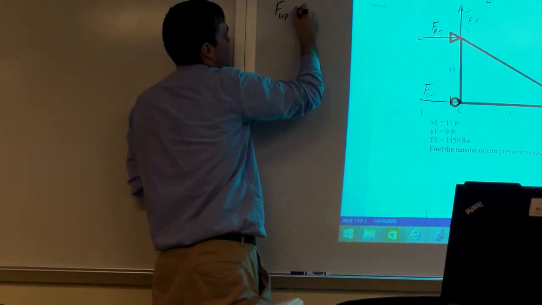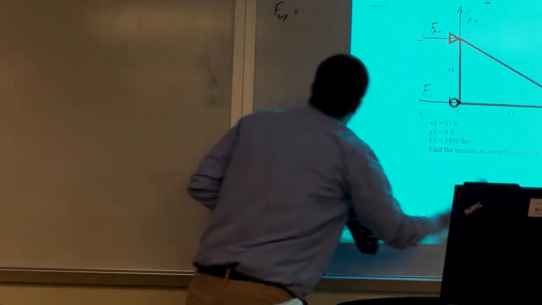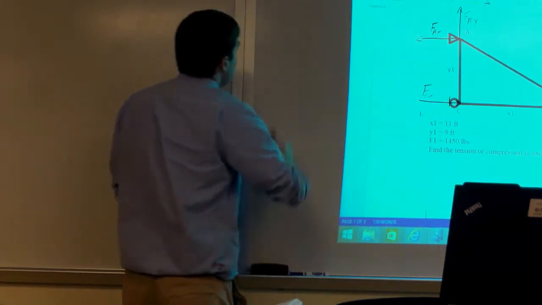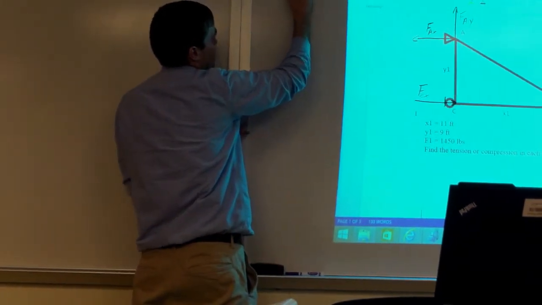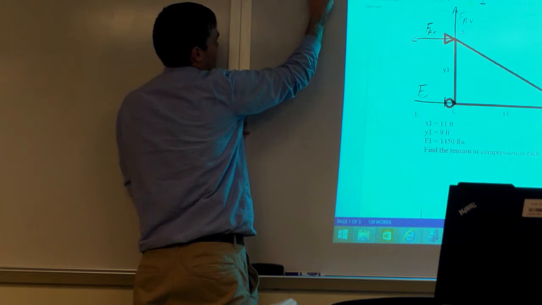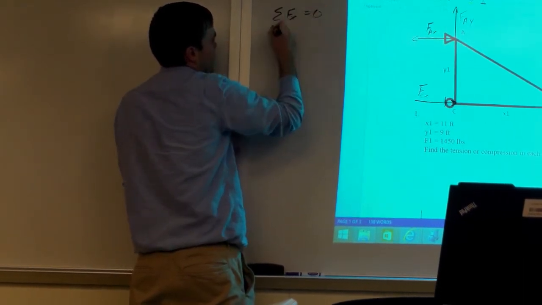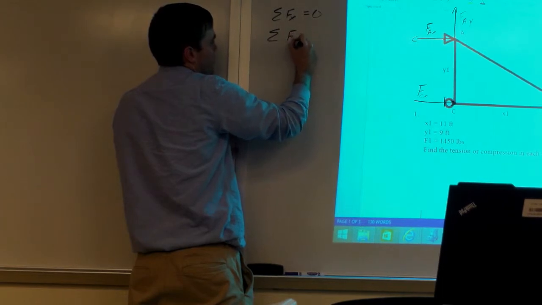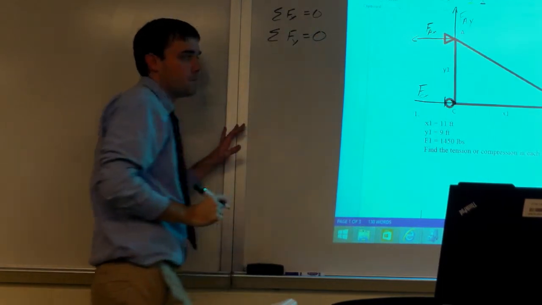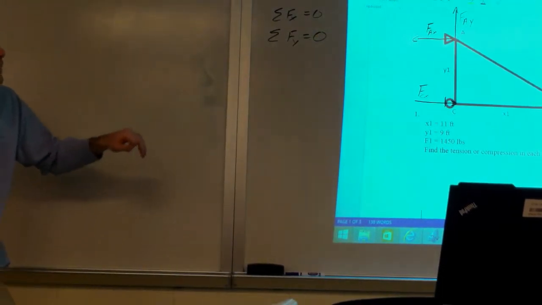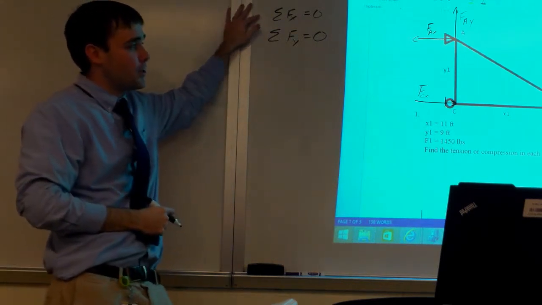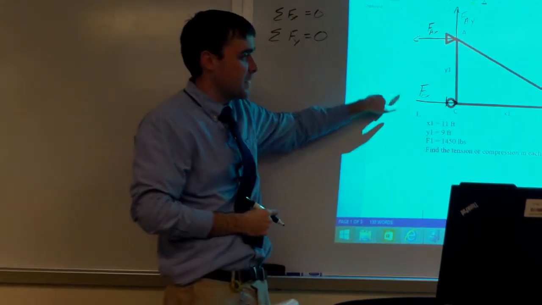So the summation of all the torques has to equal 0, the summation of all the forces in the x direction has to equal 0, and the summation of all the forces in the y direction has to equal 0.